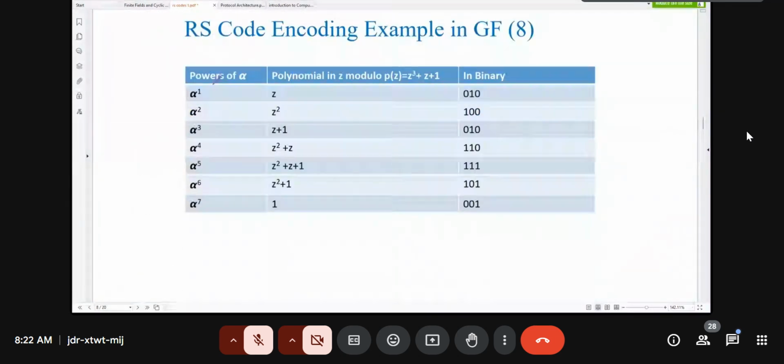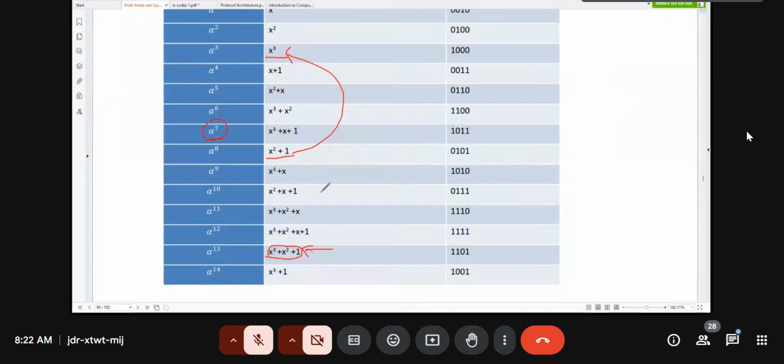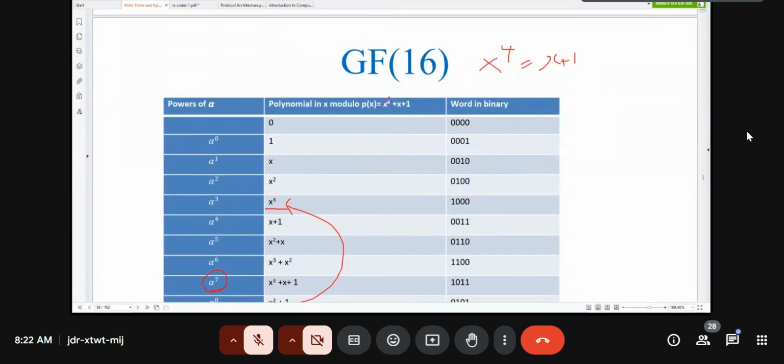This alpha, I think it goes back to, I'm decoding, so I'm still following this. The one we use to generate these elements is the irreducible polynomial, which we call a prime polynomial, of degree m, where m is the number of bits.